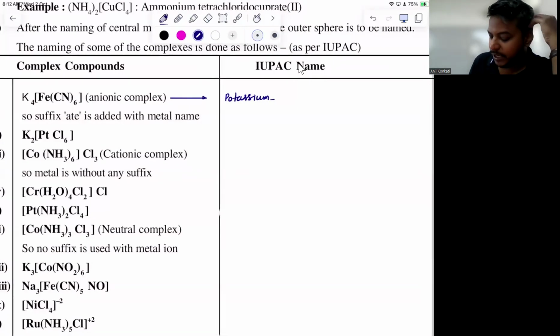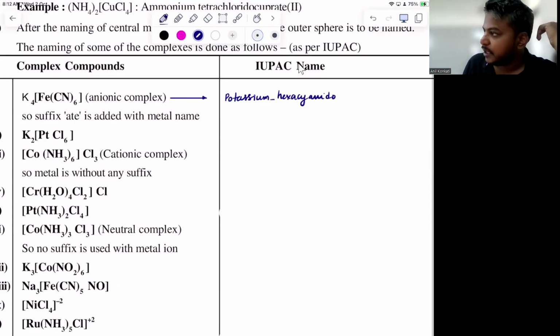Then what is the next thing we have? Hexa, hexa, cyano or cyanido. Both of them are correct. Cyanido. Okay.